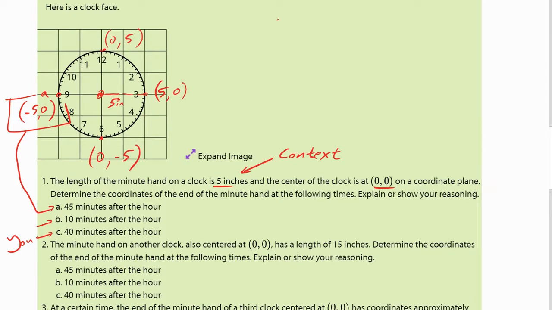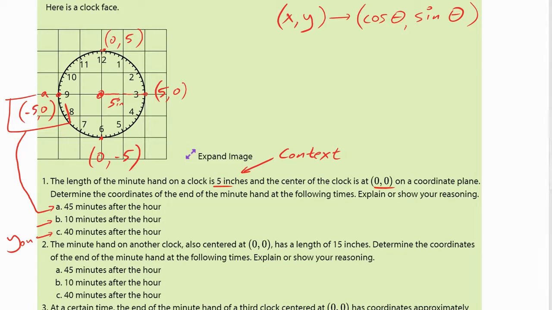Speaking of X and Y, remember when we're talking about unit circles, cosine is your X of whatever your angle is, and sine is your Y value of whatever your angle is, or theta. That means angle, or theta. That's its Greek name, theta.